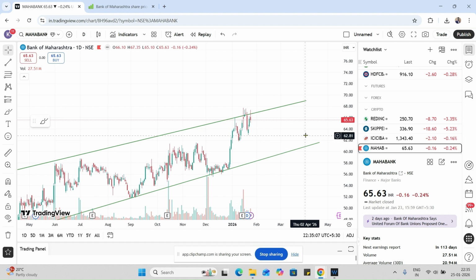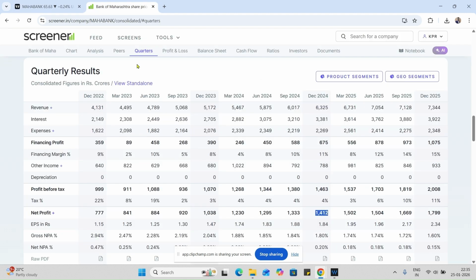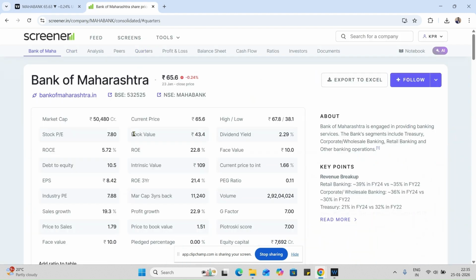So that is when we should not rule out the fundamentals as well. Let me take you to the fundamentals of this stock. See, the stock price is 65, which is just 1.5 times the book value, which is comparatively a bit cheaper. Again, the intrinsic value still has scope till 109 rupees, right? It has a good ROE, right?